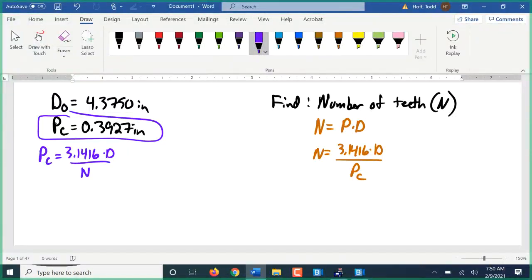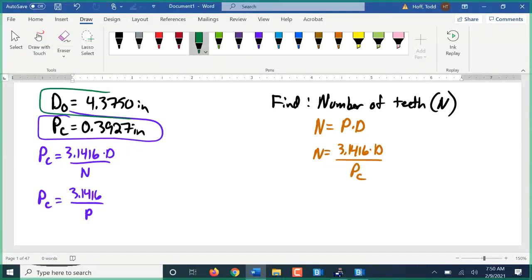We're looking for n, the number of teeth, but we don't have the pitch diameter. We have the outer diameter. That won't work. Circular pitch could also just be 3.1416 over the pitch. We don't have the regular pitch, and we're not looking for it. So that's not going to work.